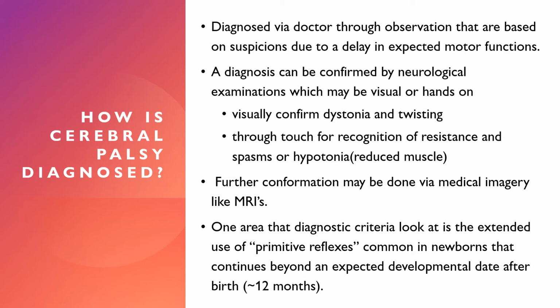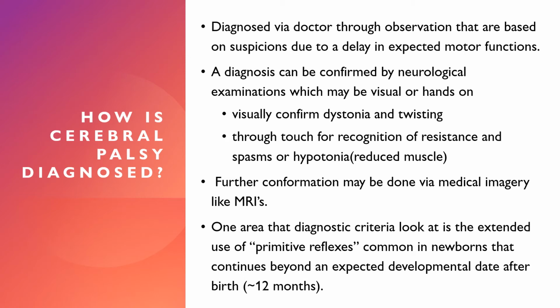All right. So one area that diagnostic criteria look at is the extended use of the primitive reflexes. So this is kind of an initial key. This might be the first step. A doctor may see this. More commonly, they'll see this before anything else to say something is not right. These primitive reflexes, things like the suckling and some of the reflexes that these newborns have up to about 12 months of age, those should start to retreat.